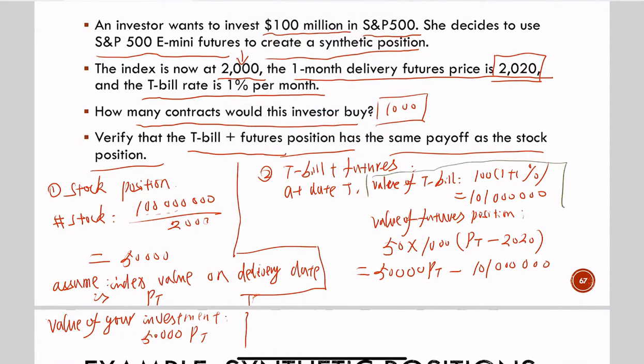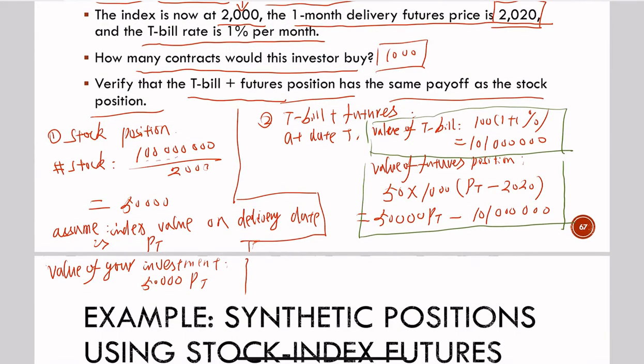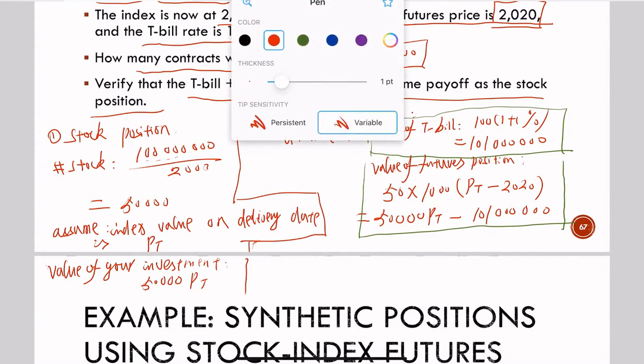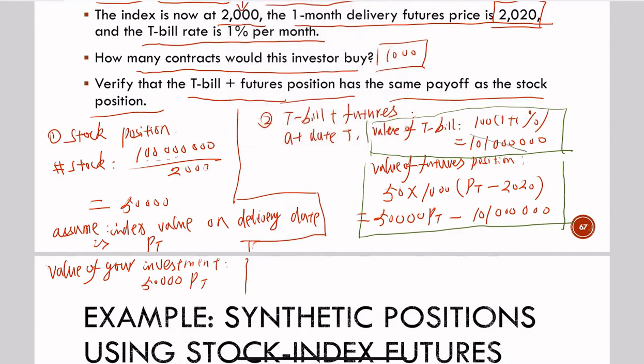Right? So if we combine these two positions, that is, if we combine the position from the T-bill, that is this guy, and the position from the futures, you will see that the total value from your T-bill and futures position would be, obviously, these two numbers, they would just cancel out, right?